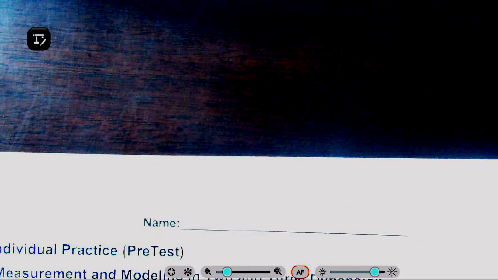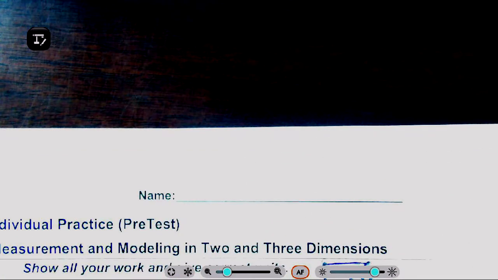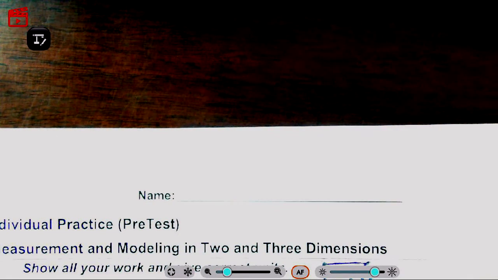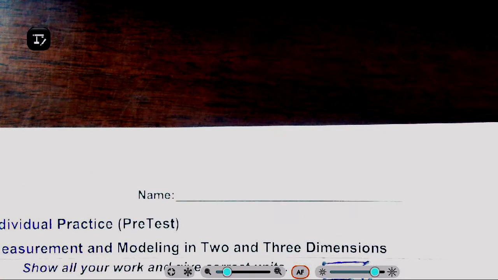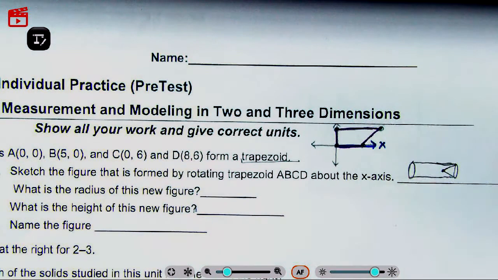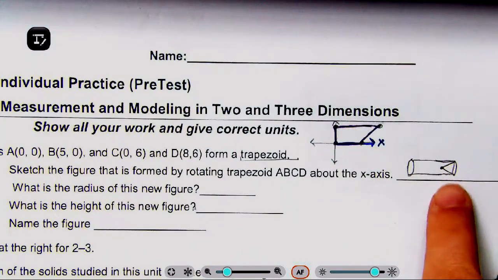So again, what happens to the intersection when we rotate across the x-axis? This inner point also creates a circle. But the inner point looks like this because it's just one point. We rotate this one point, we have a circle here. However, it is on the x-axis. So if we look up here, this point right here is on the x-axis, so it looks something like this.